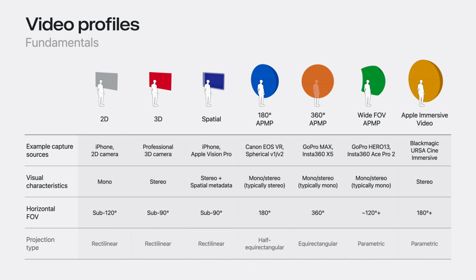Here are all the fundamentals for these different video profiles, including how they can be captured, their visual characteristics, their horizontal field of view, and their projection type. Note that 180, 360, and wide field of view videos can be mono or stereo. Typically 180 is stereo, and 360 and wide field of view are mono.